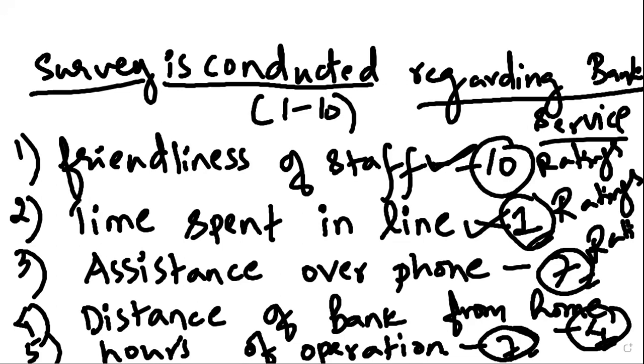So there is some sort of correlation we can find. Even for the second customer, the ratings are 2, 4, 3. So there is not much difference.